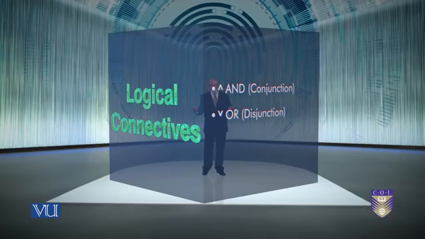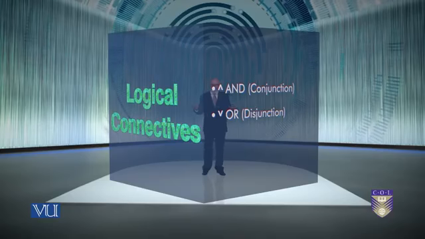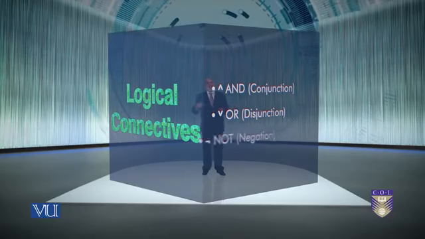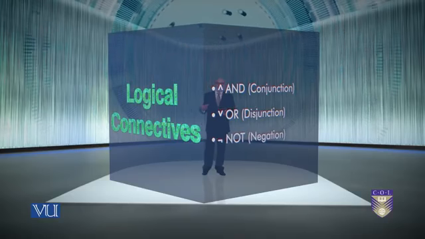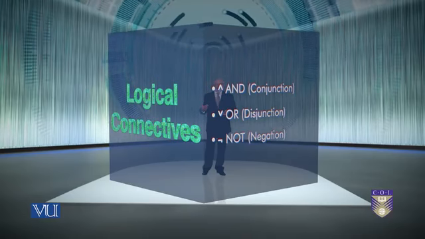Which is also called disjunction, and AND is called conjunction, it's up to you. And then the negation, which is called the NOT part. So these are some of those logical connectives that can be used to make compound statements and then reason about them. Look at the chart given here.